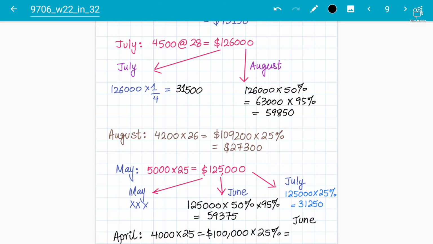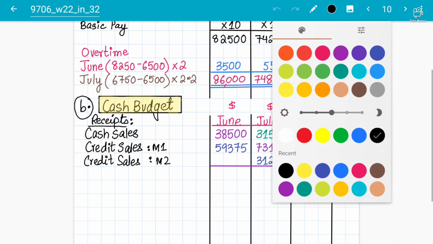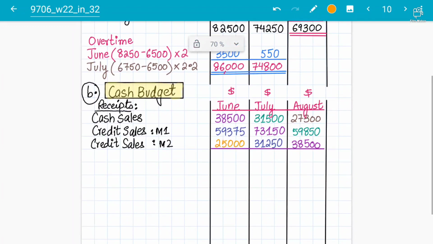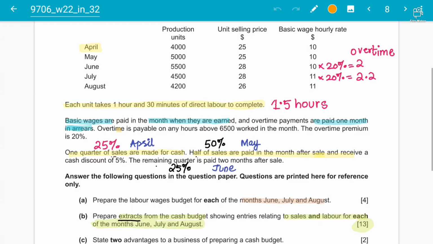Okay, the rest would all have been received. So here we go, the last we can write is 25,000. So this will be your receipt, students, what you are going to receive. And as I said, this is an extract of the cash budget for the sales. Okay, so we have done the budget for sales, so around 8 to 9 marks will be only for the sales component.